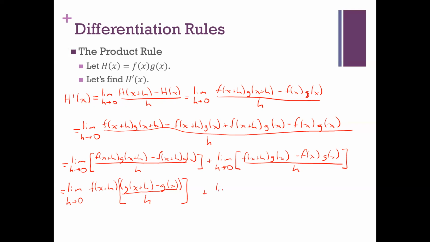And same thing over here. If I can factor out a G of X here, I'm left with F of X plus H minus F of X, all over H. All right. A lot of stuff, but are we okay with it?